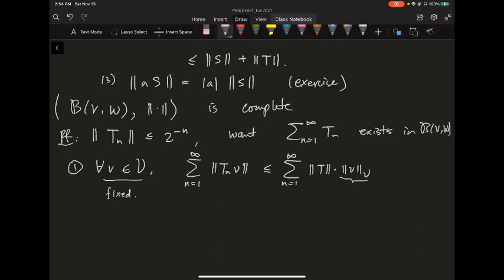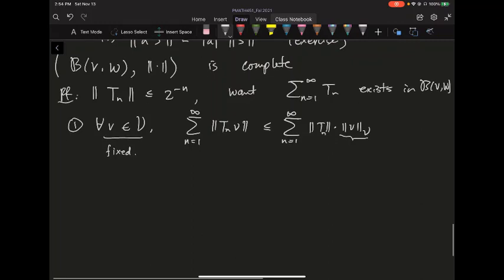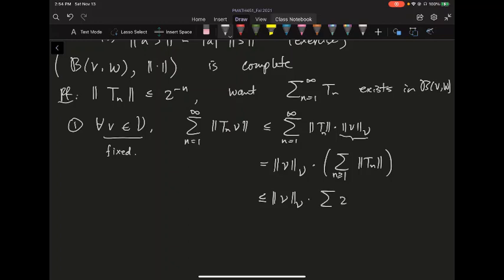So I can move the norm of V outside, and evaluate the summation of the operator norms of Tn. By our choice, the norm of these Tn is bounded above by 2 to the negative n. So I have the norm of V times the summation of 2 to the negative n, and you know this is just equal to 1. The point is this is less than infinity.